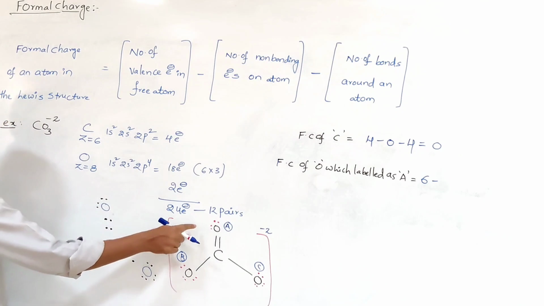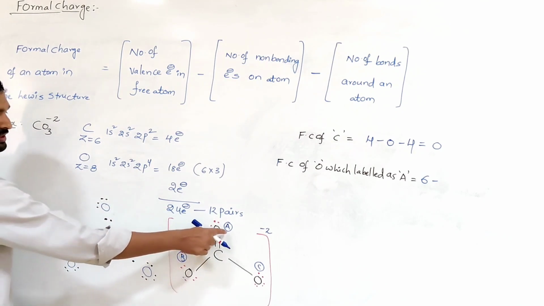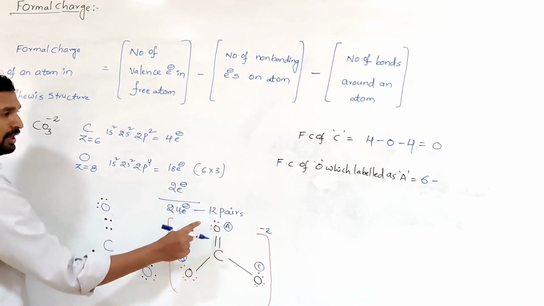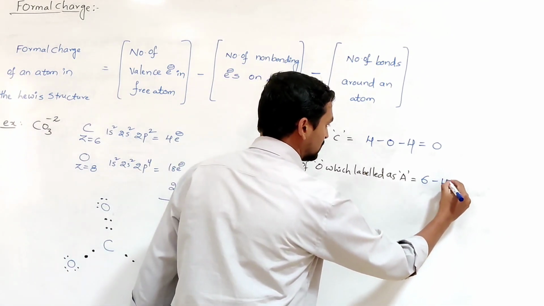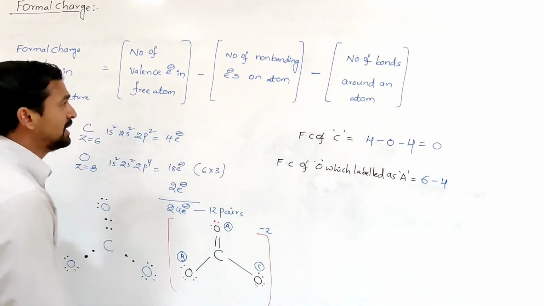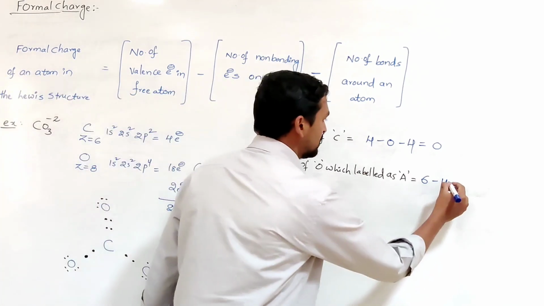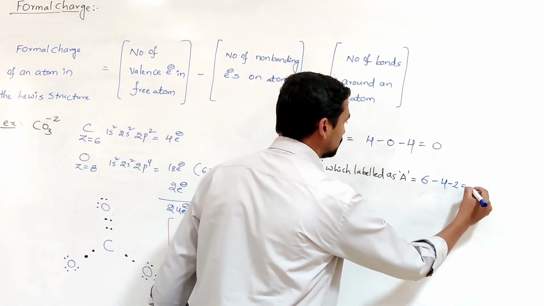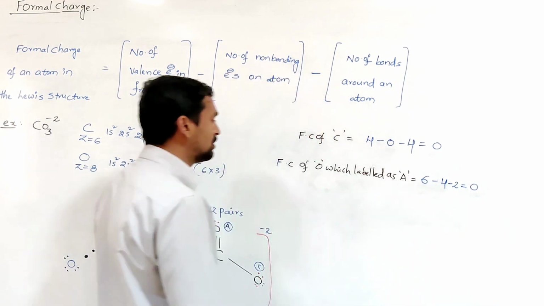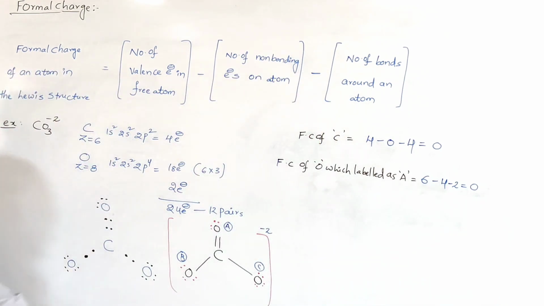So, how many non-bonding electrons are present on the oxygen atom labeled as A? 2 and 4, that is 4. Totally 4 electrons minus the number of bonds around that oxygen atom. 2 bonds are there. 6 minus 4 minus 2. That is, again we get 0 as the formal charge of the oxygen atom labeled as A.